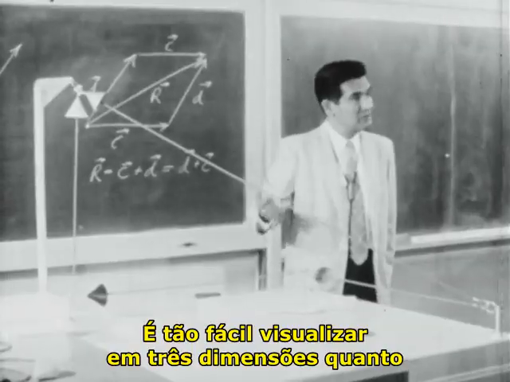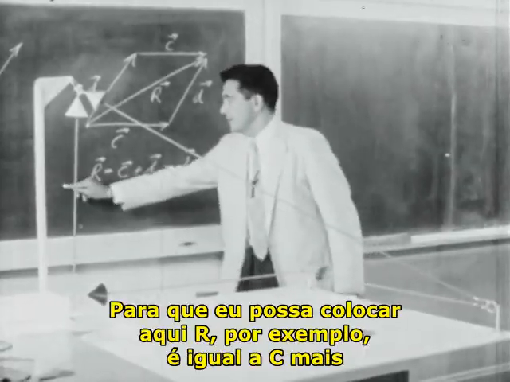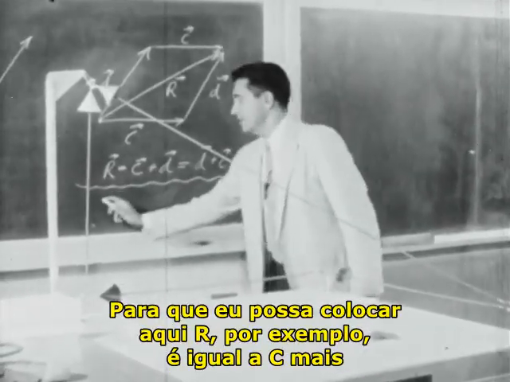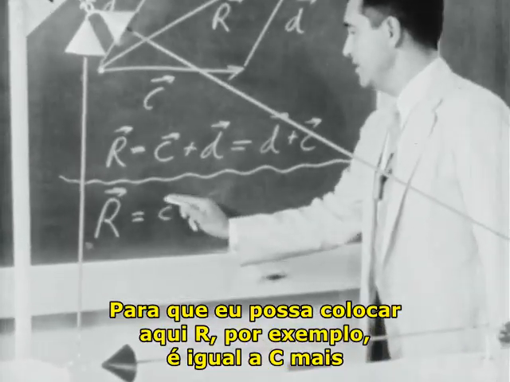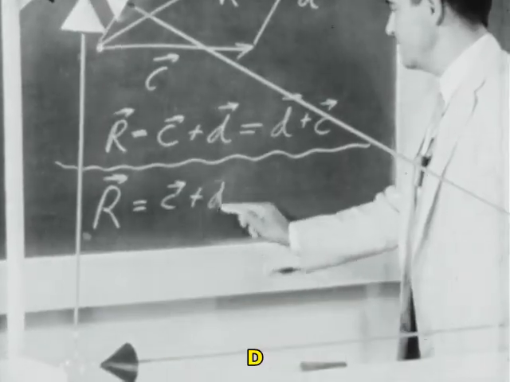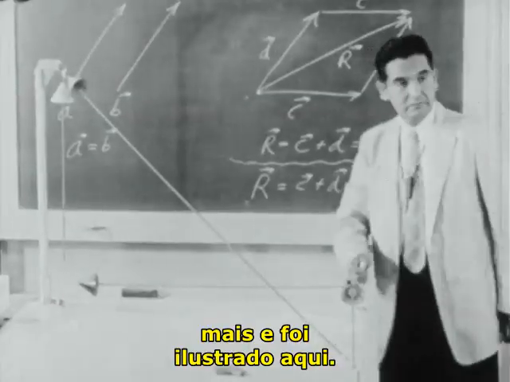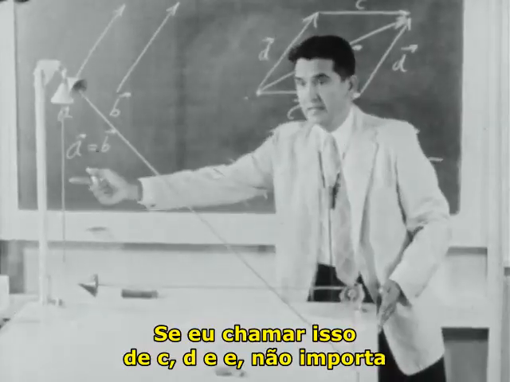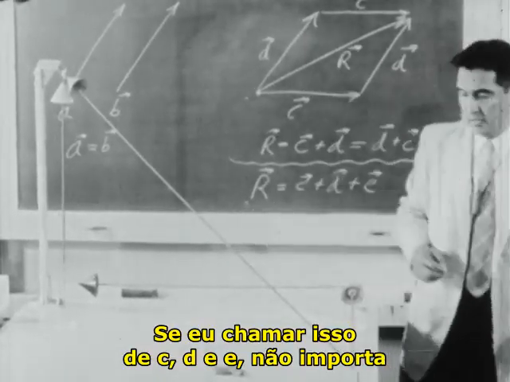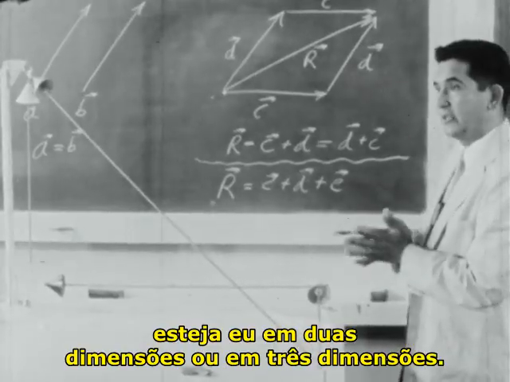It's just as easy to visualize in 3 dimensions as it is in 2 dimensions. So that I can put here R, for example, equals C plus D plus E. Has been illustrated here if I call this one C, D, and E. It doesn't matter whether I'm in 2 dimensions or in 3 dimensions.